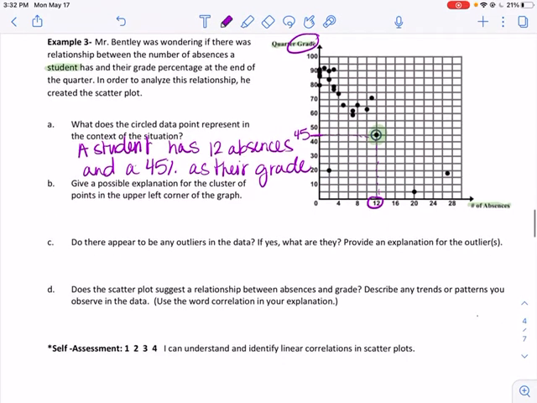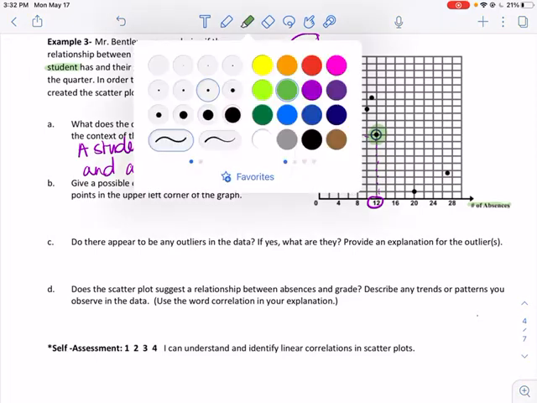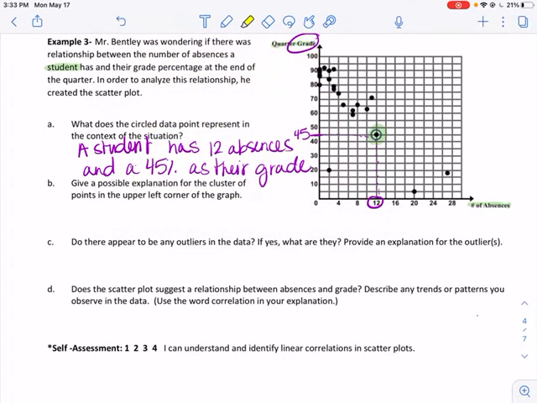For part B, give a possible explanation for the cluster of points in the upper right corner of the graph. So let's go find it. Cluster means a group, and it's a group that's close together. So here we have a group, and so that means that there's a lot of students in that little small area, a lot of students between 0 and 4 absences and between 75 and 90%.